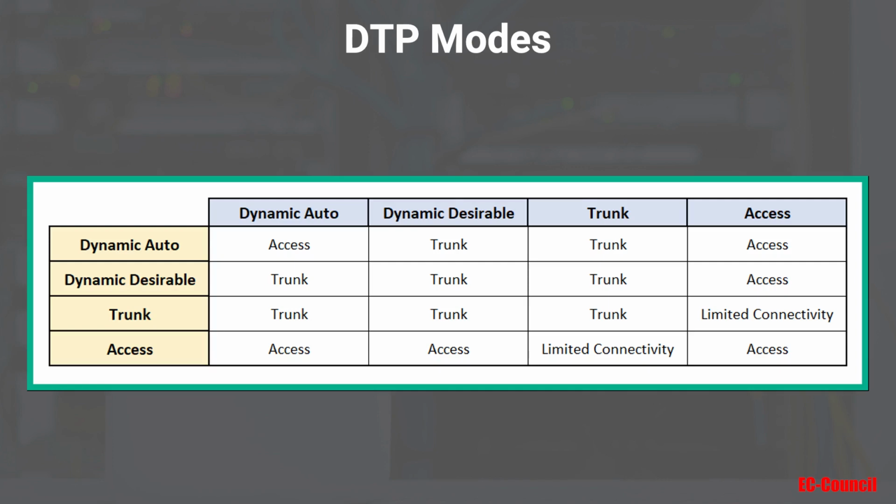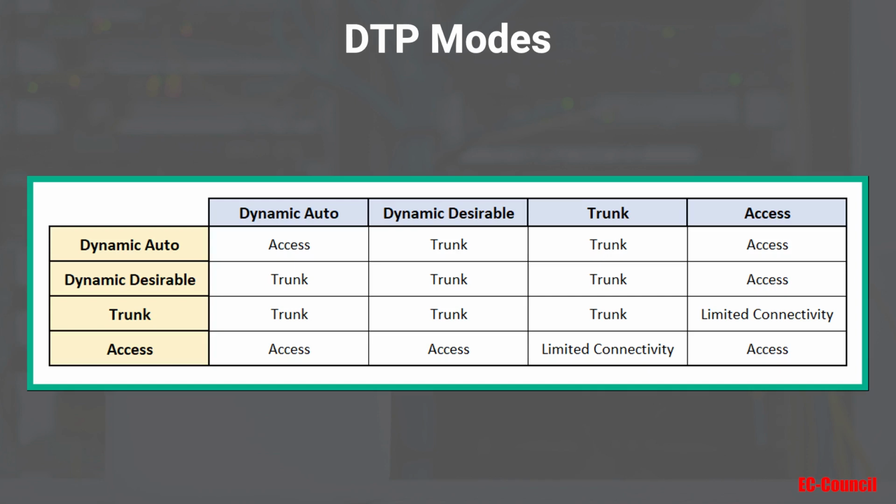A simple way to remember the possibilities is, if both sides are access, the end result will be an access link. If both switches are in trunk mode, the link will be a trunk. If both sides are dynamic auto, it will be an access port. If both sides are dynamic desirable, both sides will be trunk.